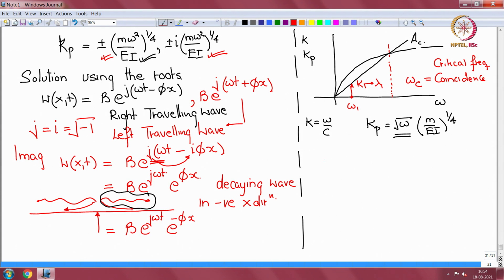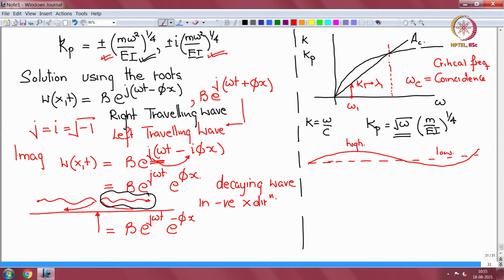So let us say this is the acoustic wavelength, the wavelength of the acoustic wave in the 1D. That means pressure starts with 0, pressure is high over here, this is the acoustic wave. Then again pressure goes to 0 and pressure is low over here.